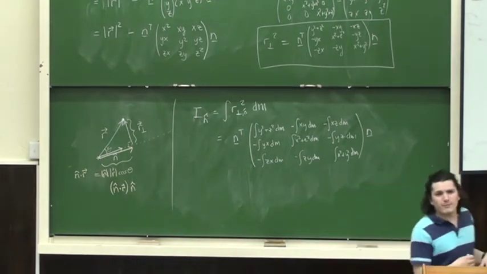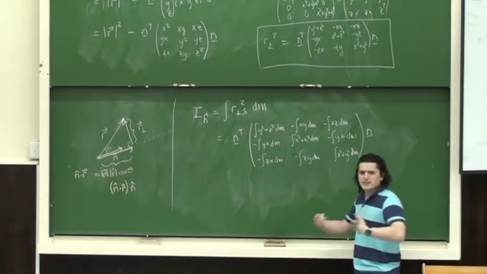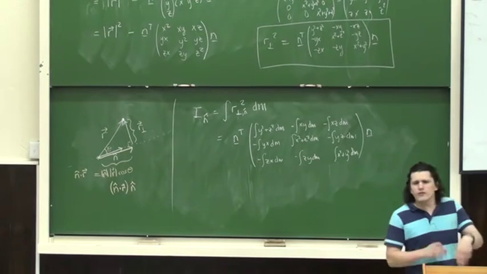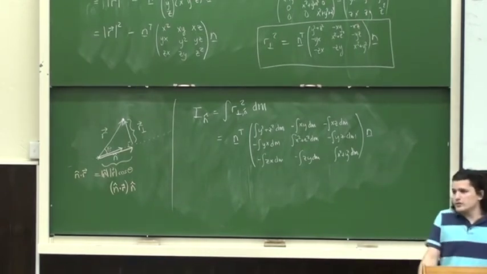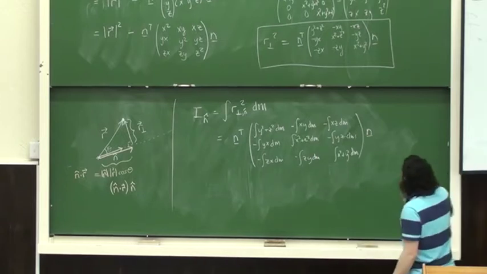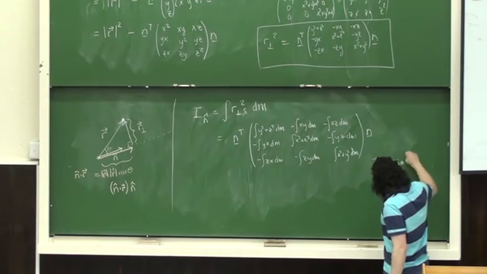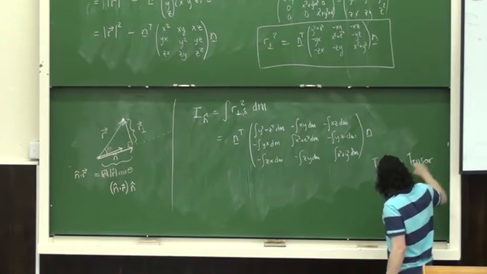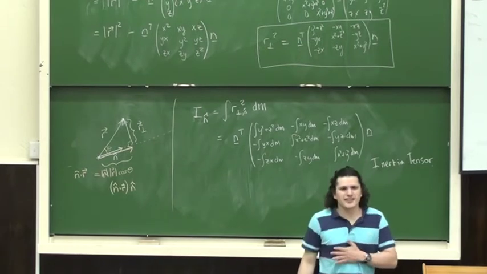And there are different ways of combining things and different ways of making them interact with each other depending on whether they're covariant or contravariant. We don't care. For the purposes of this course, we call this guy inertia tensor. But in our hearts, we still think of it as a matrix.